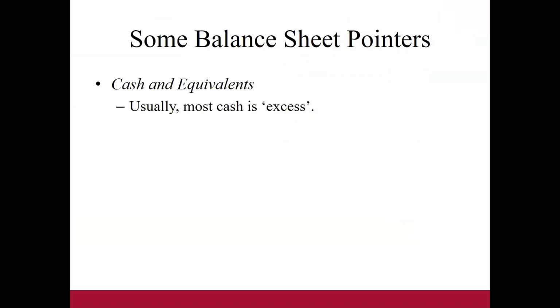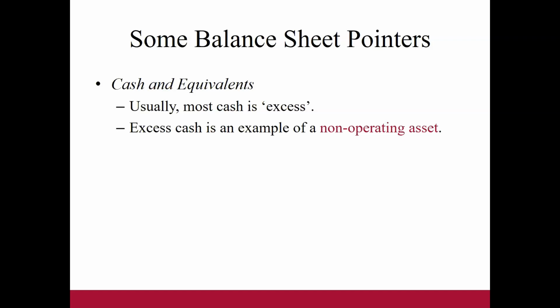It is excess in the sense that it is not doing anything to facilitate any of the ongoing operations, which is why we say that excess cash is an example of a non-operating asset.